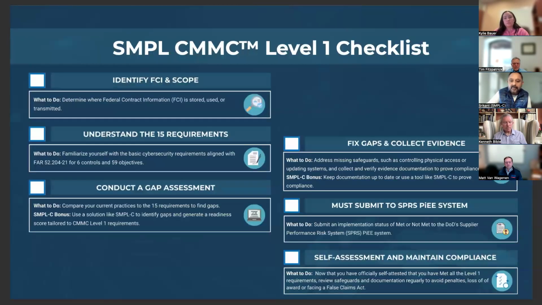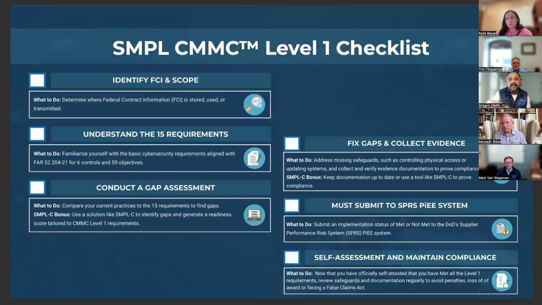So we do have a couple of level 1 and level 2 checklists. A lot of this will be available for you as outputs from this webinar. There's a lot of talk in the chat about level 1. It is still on you to conduct your own gap assessment, fix the gaps, collect the evidence, submit to the SPRS PIEE system, and then maintain it over time.